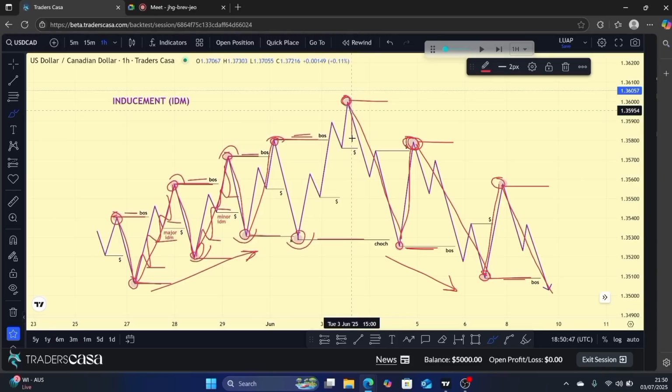So for these minor valid pullbacks that price forms, there is some liquidity resting above the highs of these pullbacks. This buy side liquidity is what I'm talking about, and that buy side liquidity is called internal range liquidity.